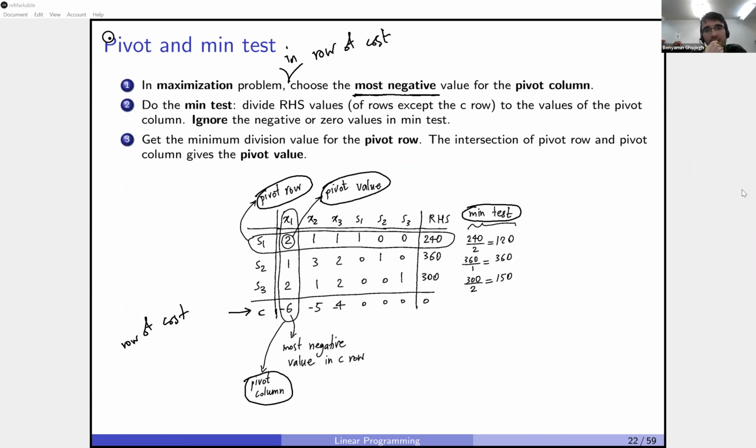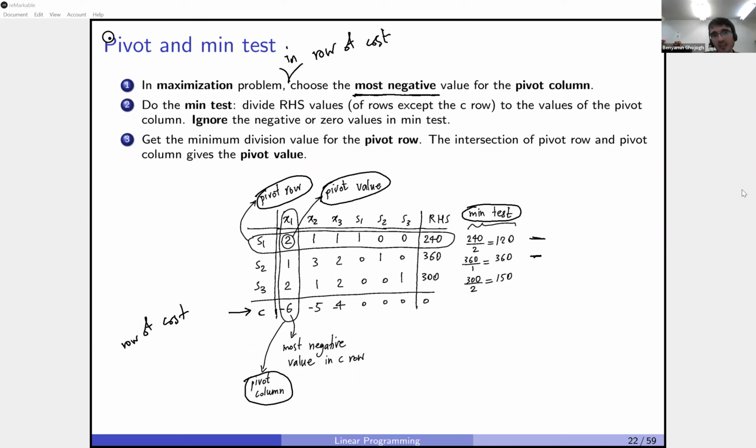So far clear? By the way, in the min test, ignore negative values and 0. Assume you had 0 here, 240 divided by 0 would give infinity. Ignore that row. If there is a negative value, for example -1, 360 divided by -1, ignore it.